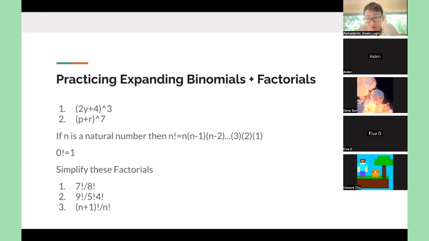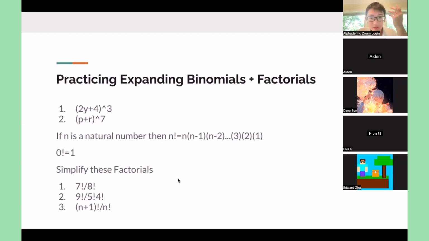And factorials, I think most of you probably have encountered factorials before. It's just a little exclamation mark. If n is a natural number, then n factorial is equal to n times n minus 1 times n minus 2, all the way down to 3, 2, and 1.